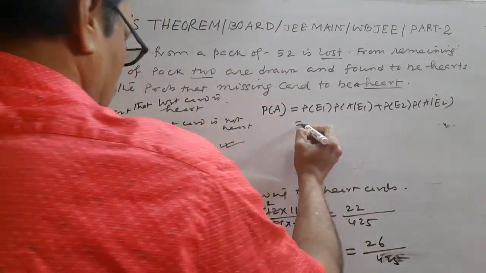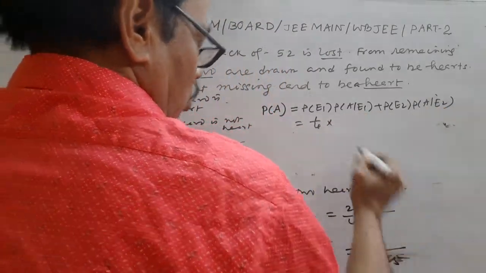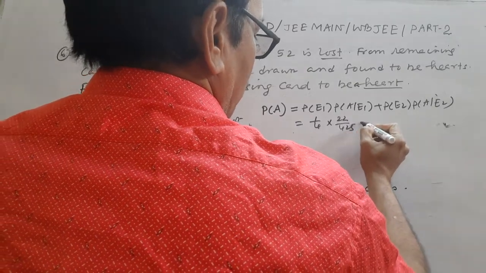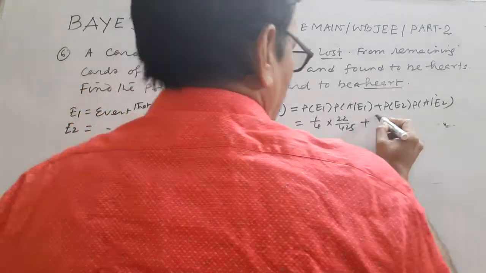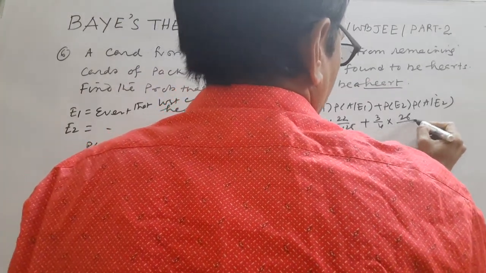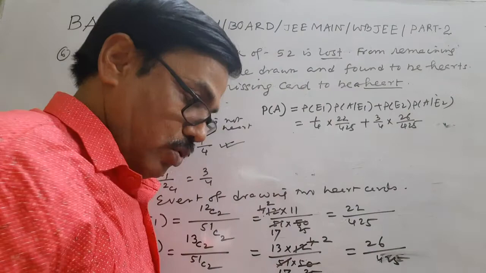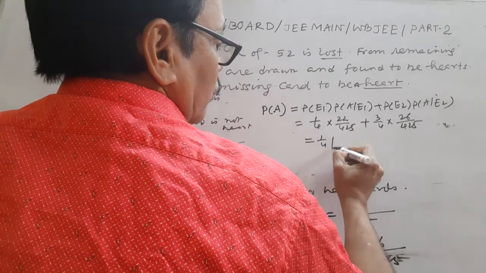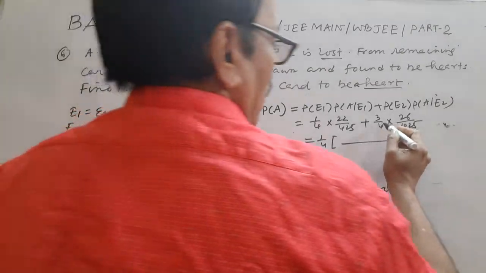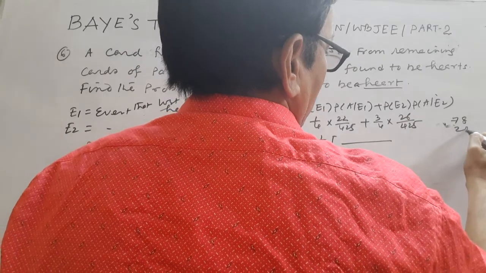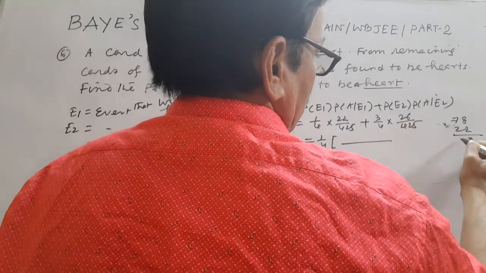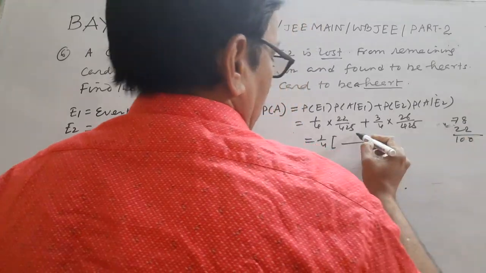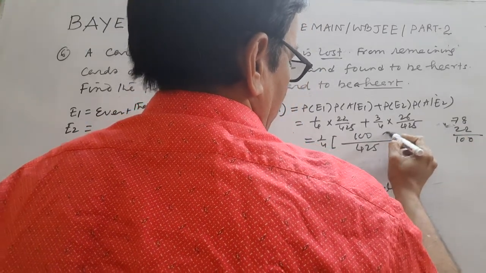So this is 1 by 4 into 22 by 425, plus 3 by 4 into 26 by 425. Now 1 by 4 common. So 22 and this is 78. 78 plus 22, so this is 100. 100 by 425.